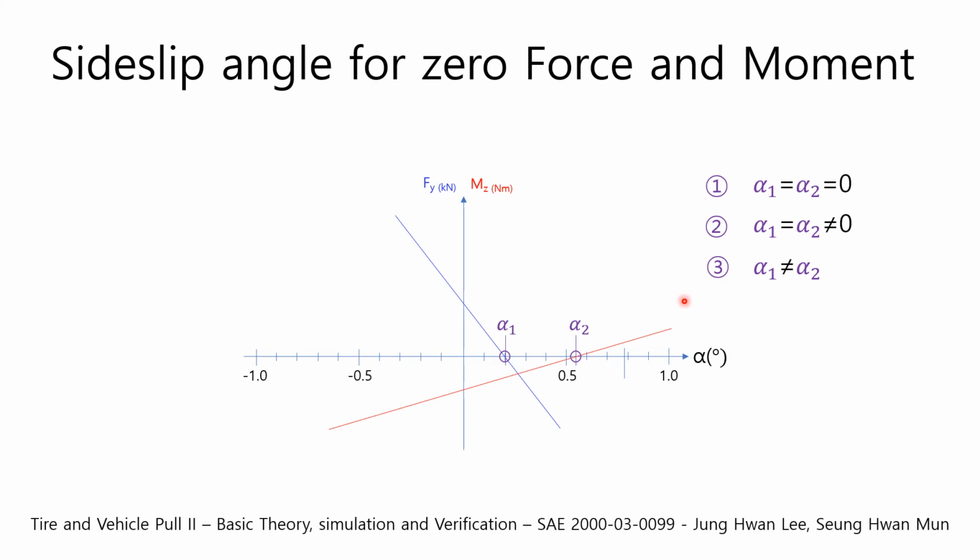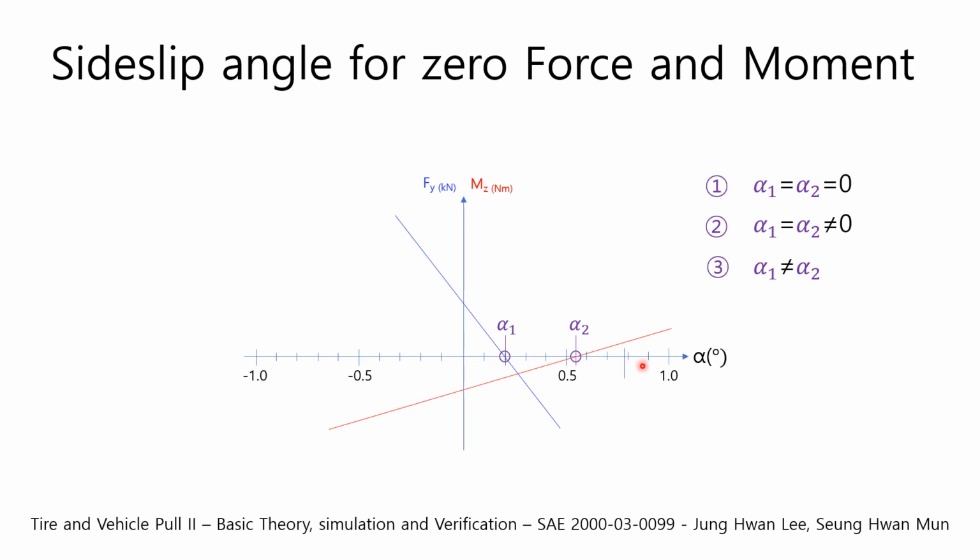In the third case, alpha 1 is not equal to alpha 2. They experimentally proved that theory through extensive experimental investigation. They also concluded that pull force occurs whenever side slip angle alpha 1 is not equal to alpha 2.